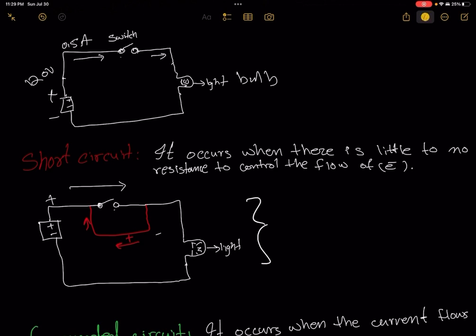Because whether we close this switch or not, it's already closed by this wire. So the current is flowing back, coming from this direction back to here.